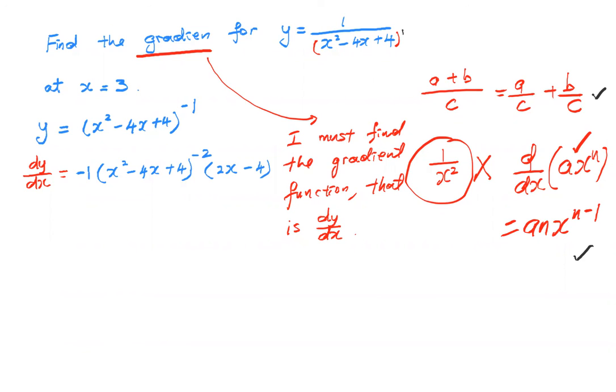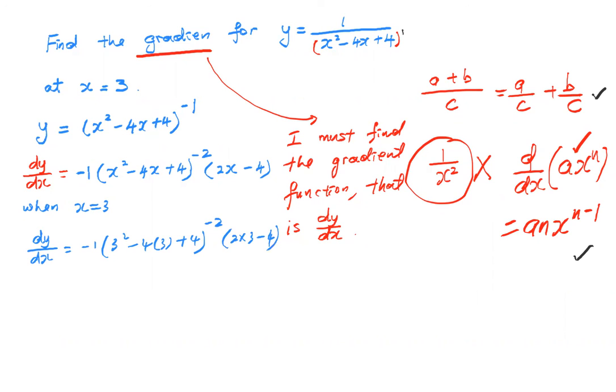I don't have to. I can straight away substitute. So I can say when x equal to 3, my dy dx will be equal to -1 times 3 squared minus 4 times 3 plus 4 to the power -2 times 2 times 3 minus 4.